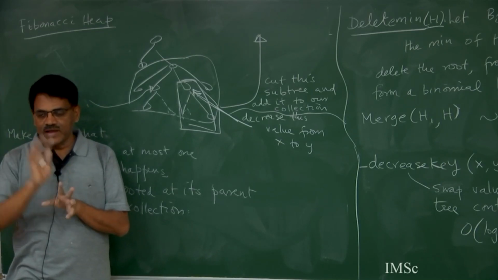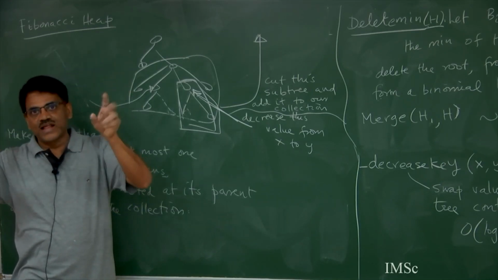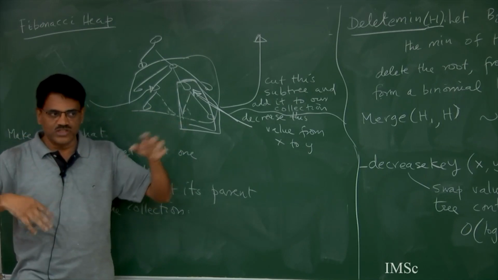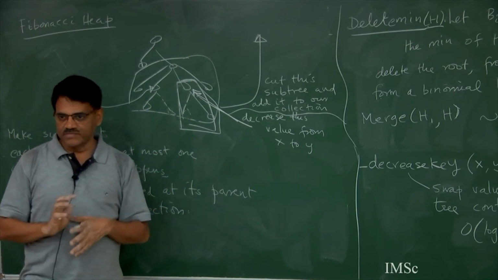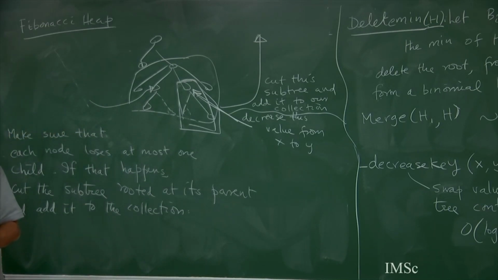If the cascading cut happens, it means that the parent has lost another child, so I would distribute this cost to the first child, which is being cut. Okay, so we can argue, first thing we'll argue is the decrease key, with some appropriate credit, will actually take constant amortized time.